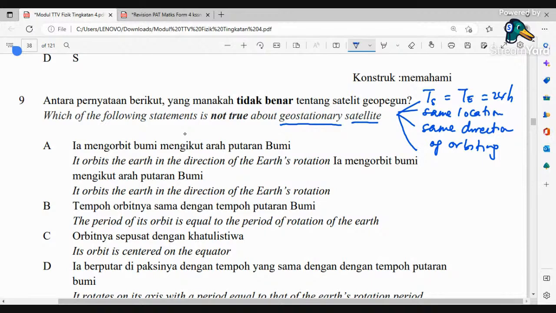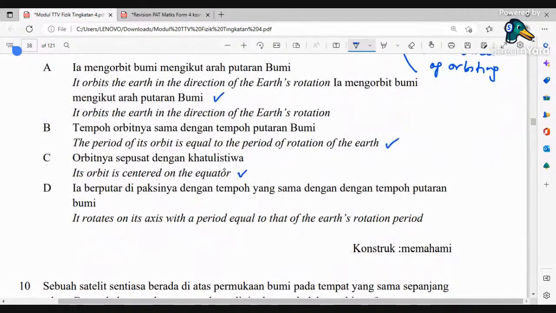It orbits the Earth in the direction of Earth's rotation. This one is true. The period of its orbit equals the period of the Earth. True. Its orbit is centered on the equator. True. D, it rotates on its axis with a period equal to that of Earth's rotation.